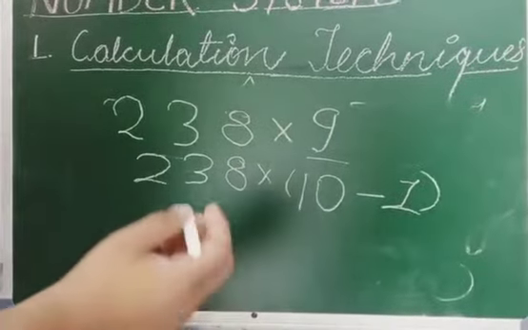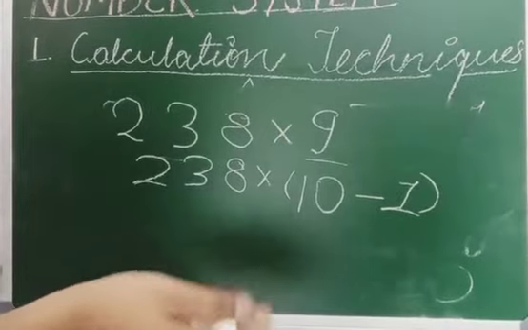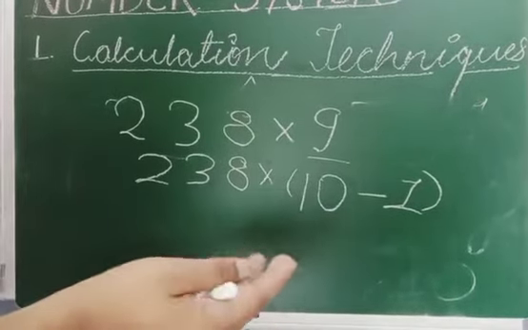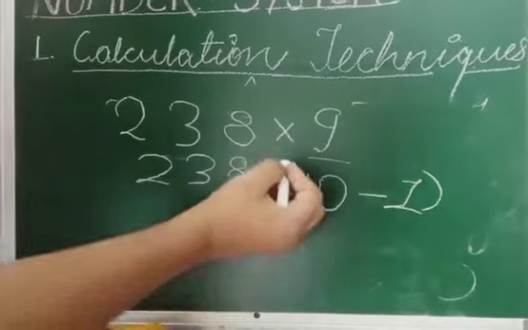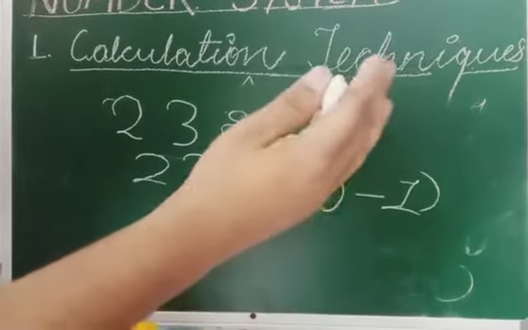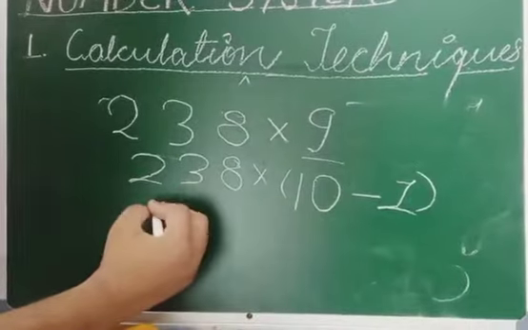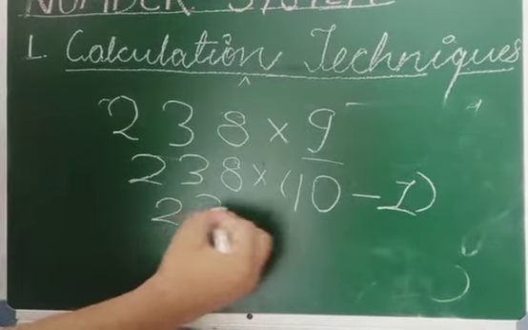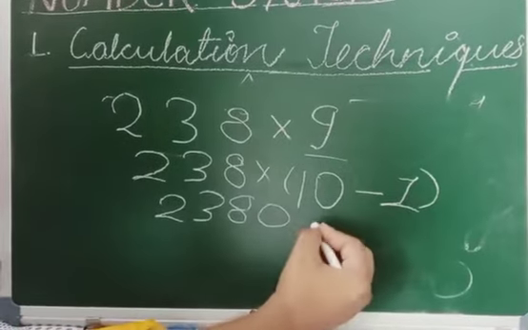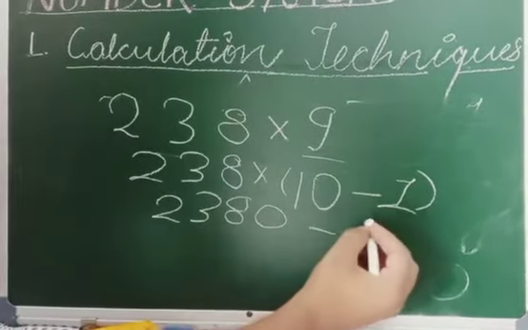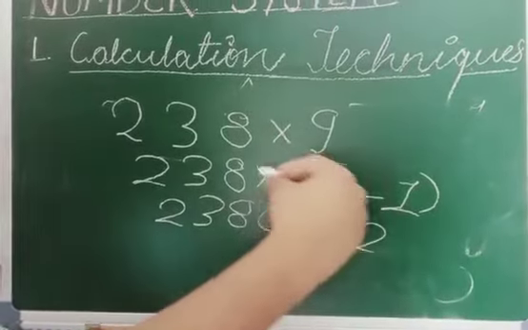Now you have studied the distributive law in earlier classes, so you know it. What to do next? We will break the bracket. 238 multiplied by 10, minus 238 multiplied by 1.